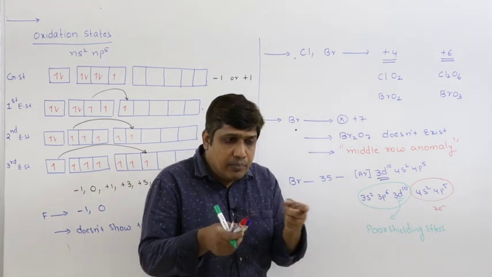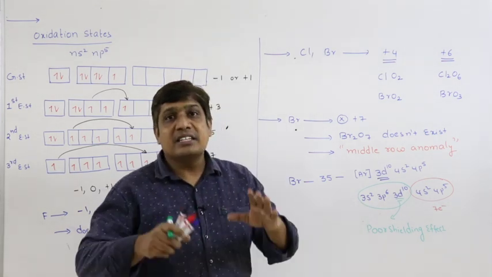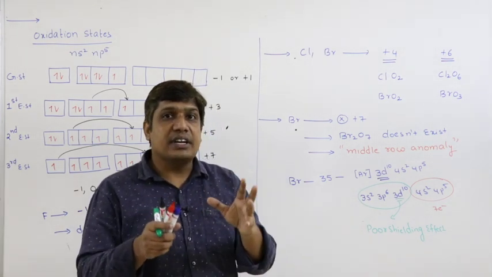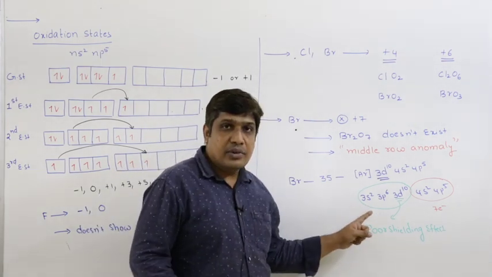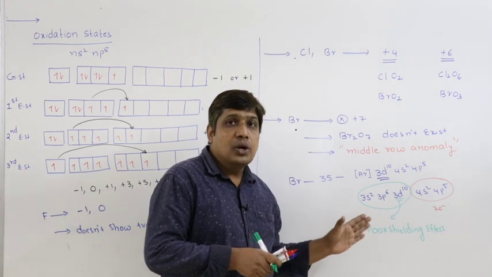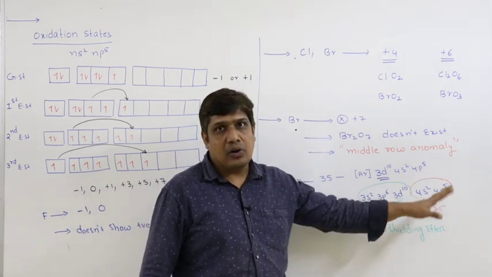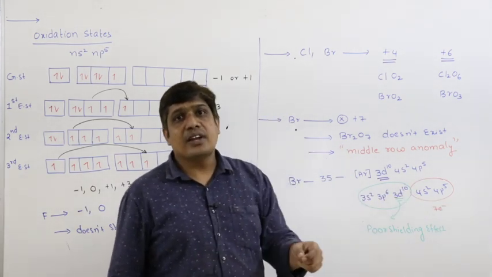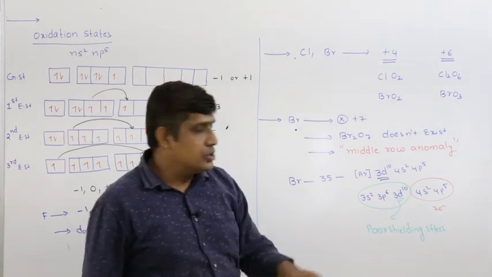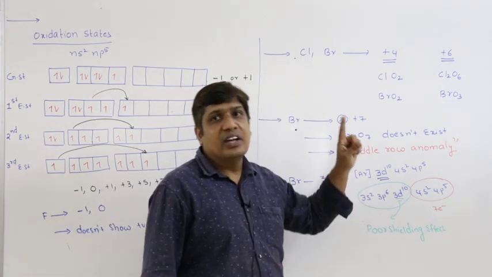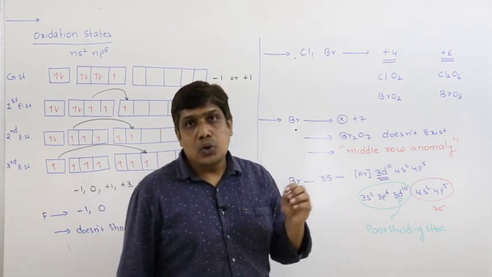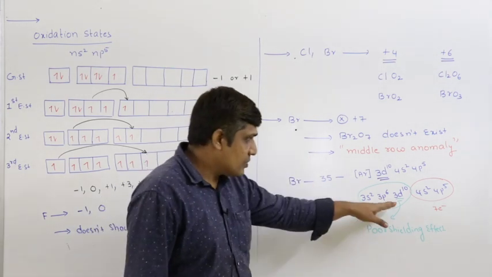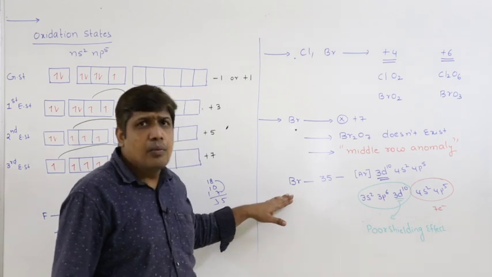That means during bond formation, the energy released is not sufficient to compensate the energy required to excite 4s electrons. Why do you require more energy to excite 4s electrons? Due to poor shielding effect of 3d electrons. Does this happen with other elements? No. The reason is d electrons are present only in bromine.